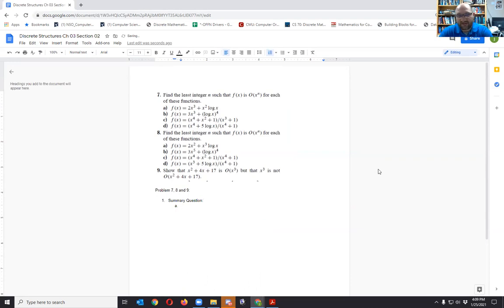And my answer for this is: use big O notation to help demonstrate how problems are going to scale.